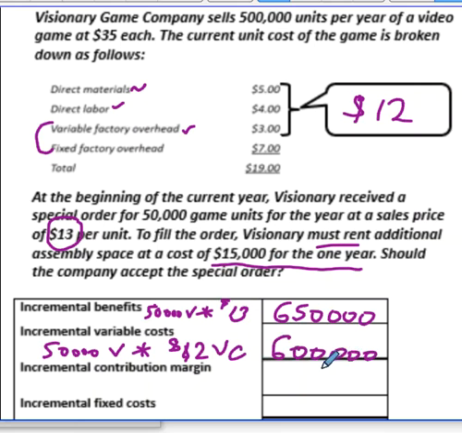Now also, typically fixed costs remain the same over volume, but in this case we are told Visionary must rent additional space. So the rental space, which is normally fixed, they're going to have to spend an additional $15,000 for 1 year. So we would also incur, in addition to our variable cost, an additional $15,000 as an incremental fixed cost.